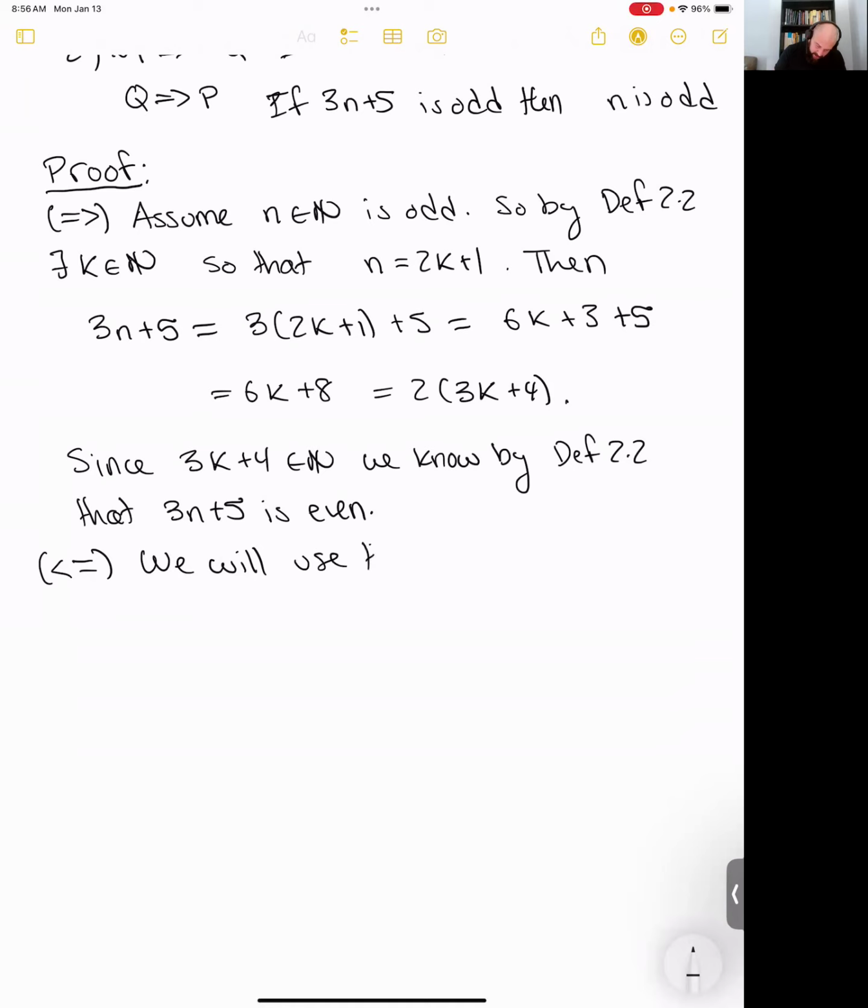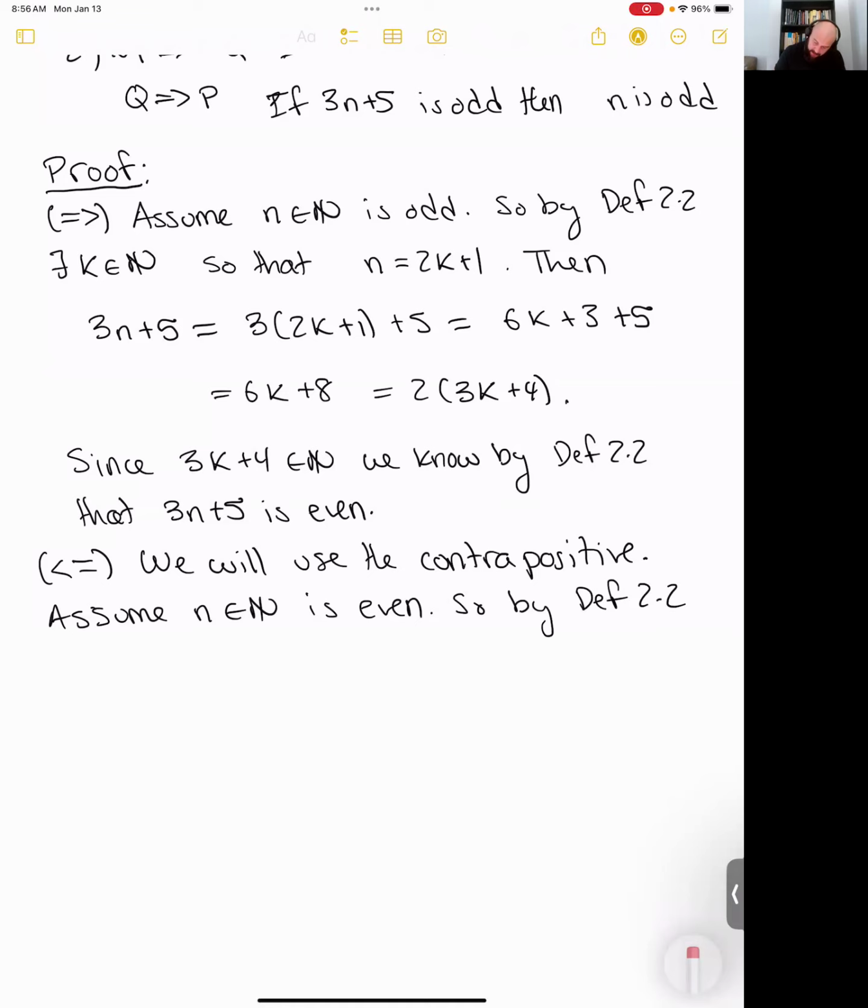So we will use the contrapositive. So assume n, a natural number, is even. So by definition 2.2, there exists a k so that n is equal to 2 times k.